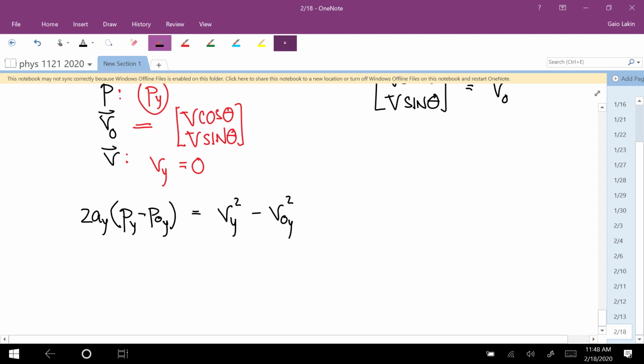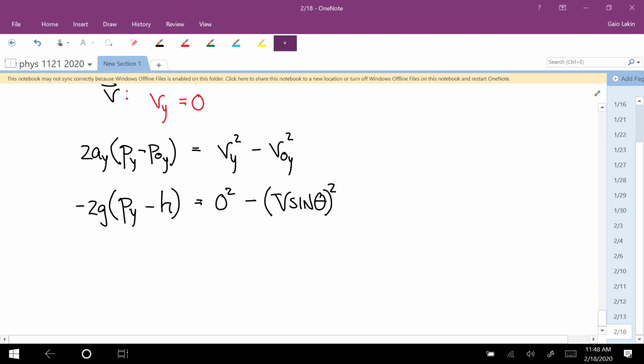So we have negative 2g times the quantity py minus h is equal to 0 squared minus v sine theta squared. So negative 2g py plus 2gh is equal to negative v squared sine squared theta.